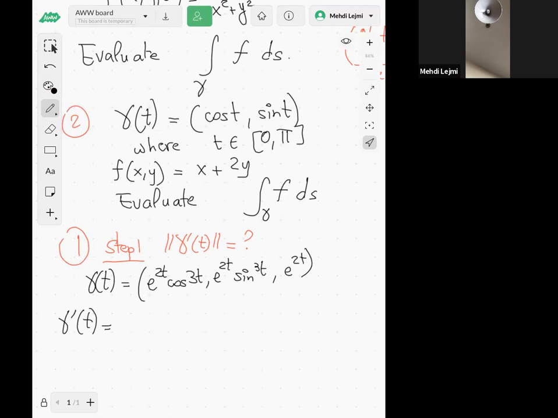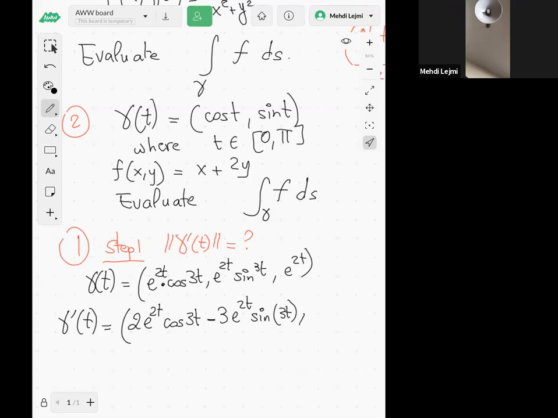Of course, this is a product, so we need to use the product rule. The derivative of exponential of 2t is 2 exponential of 2t cosine of 3t, plus the derivative of cosine, which is minus sine, and because there's a 3 inside, minus 3 exponential of 2t sine of 3t.